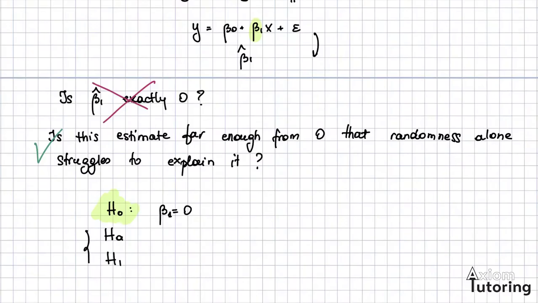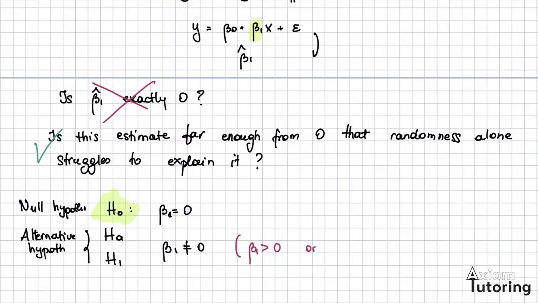Either of these denominations is completely fine. Remember, H null was your null hypothesis. The alternative can be beta 1 different from 0, or beta 1 bigger than 0, or beta 1 smaller than 0. We'll learn in another video why it is important to know which of these alternative hypotheses we're talking about.